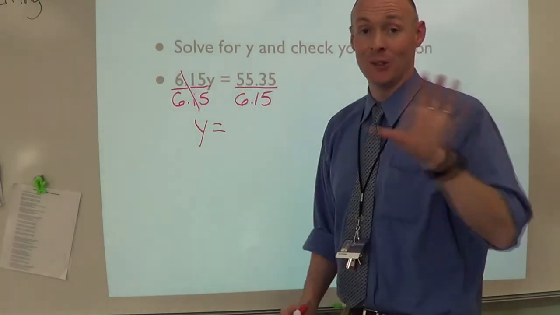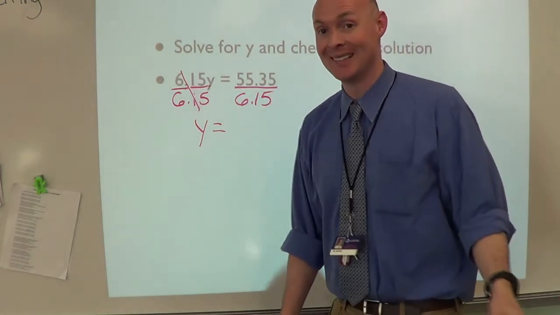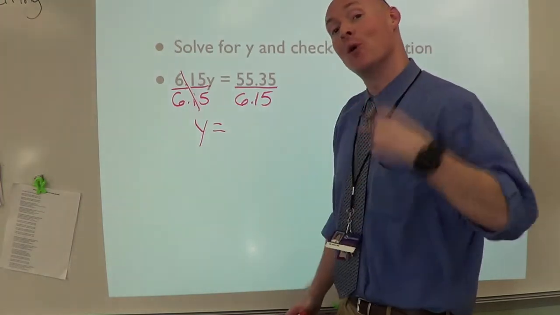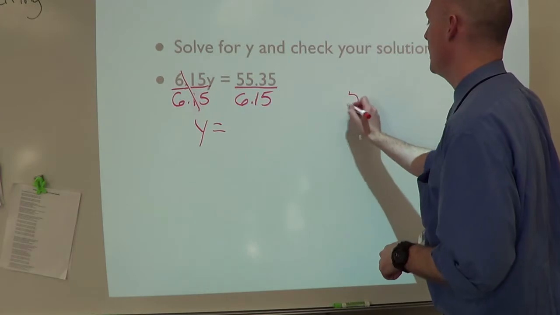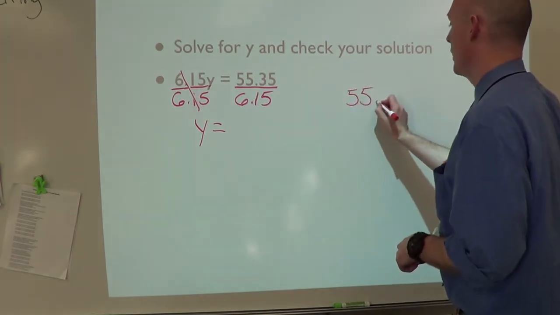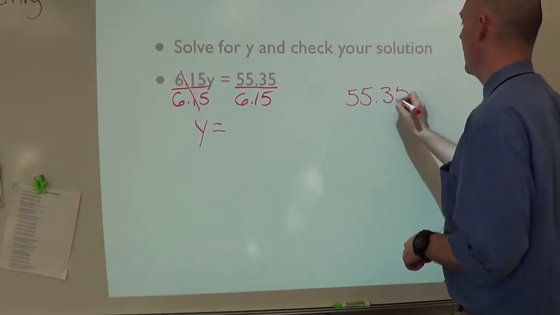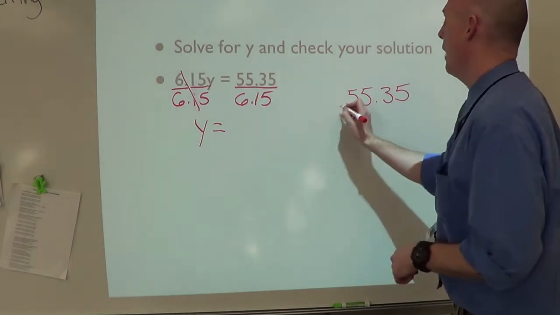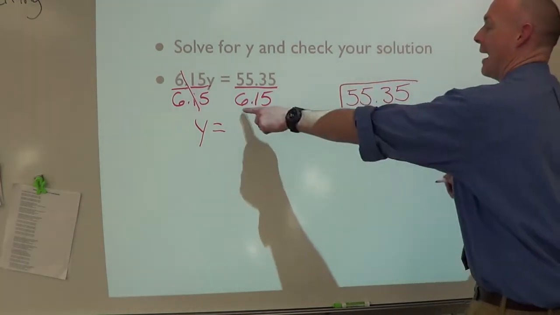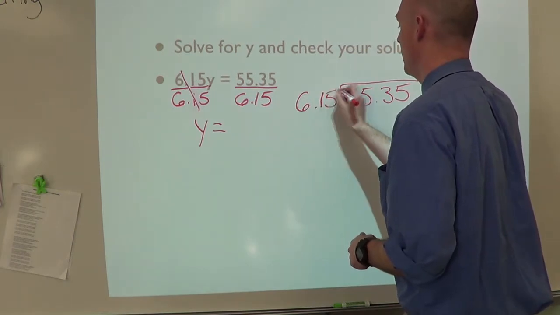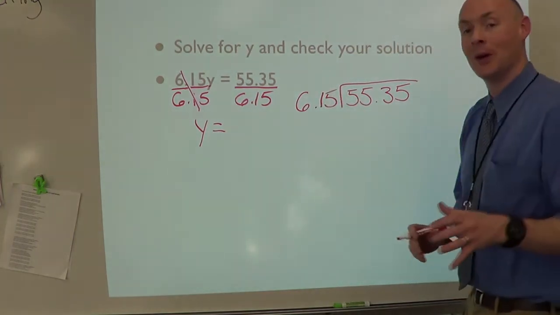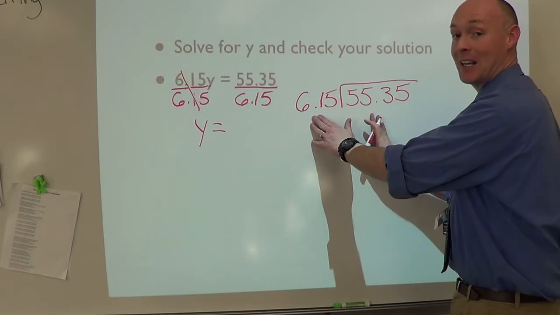Now, don't even try to do it in your head. Go right and show your work. Here we go. Inside the house is 55 decimal point 35. Outside the house divided by 6 and 15/100ths. We're dividing by decimals.